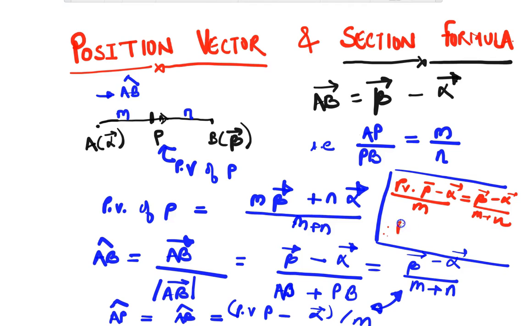Therefore, position vector of P is equal to m times beta vector plus n times alpha vector upon m plus n. I'll let you solve this equation.